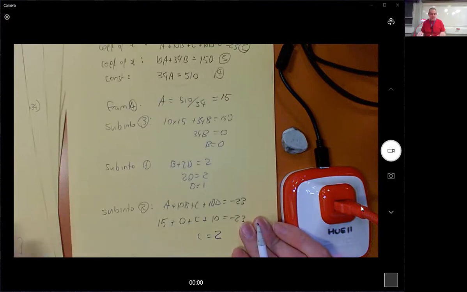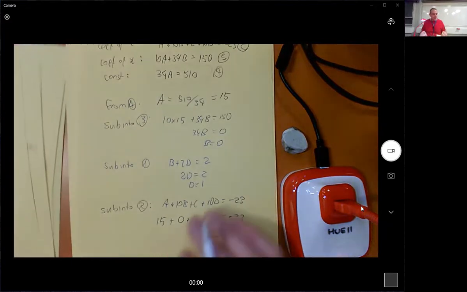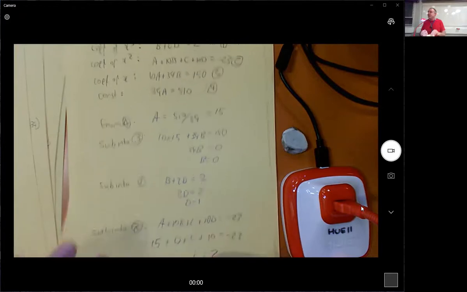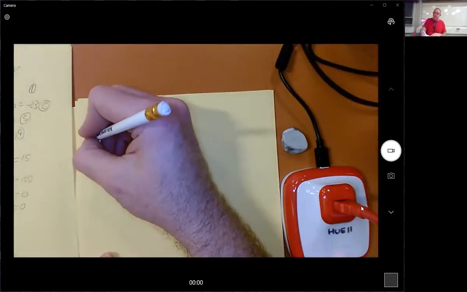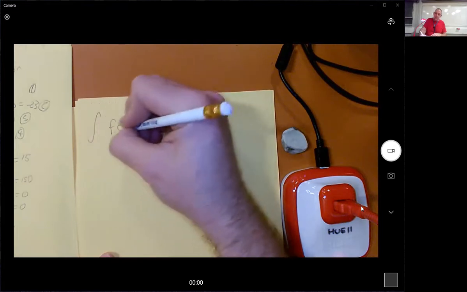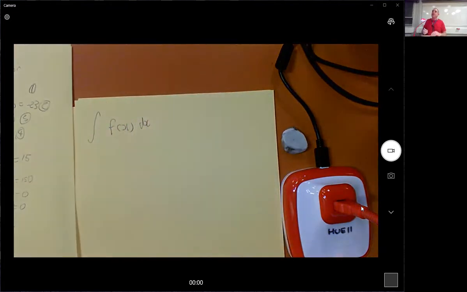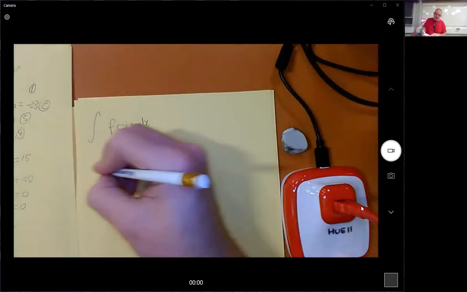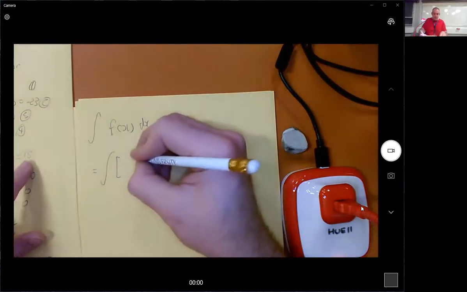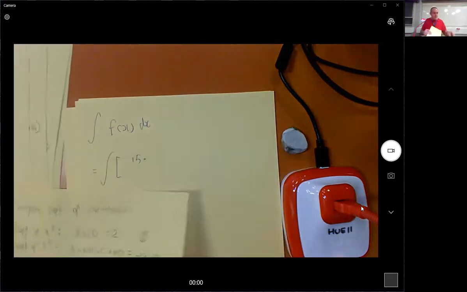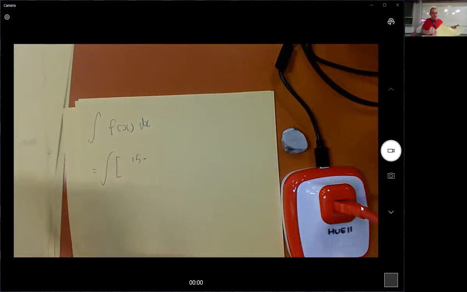Okay. I think I labeled everything right. I'm just going to trust it. So that means that my original function, which was called f of x, so I don't have to write it again, which is nice, is actually this. It's a, which was 15, times 1 over x.